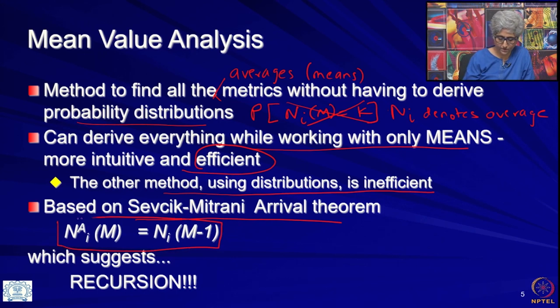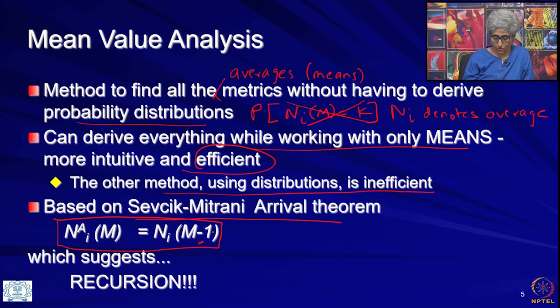Remember, the heart of the Sevcik-Mitrani theorem is that this will also apply for average. The average number of customers at a node i seen by an arrival when the load level in the queuing network is m is the same as the unconditional average at that same node when the load level is 1 less.